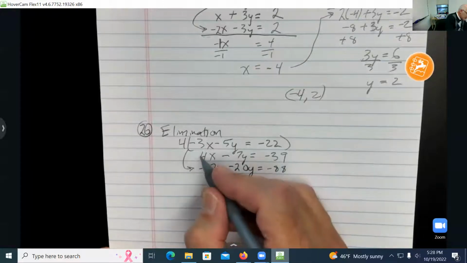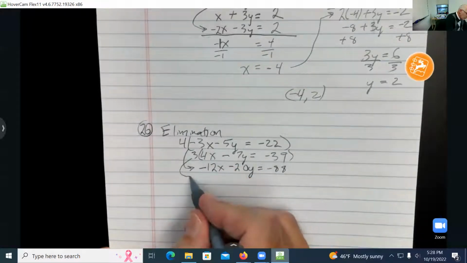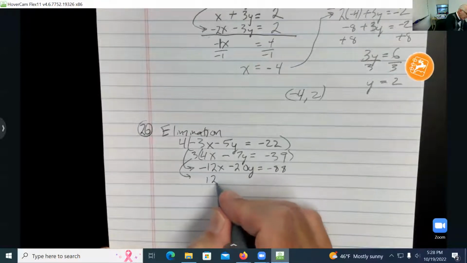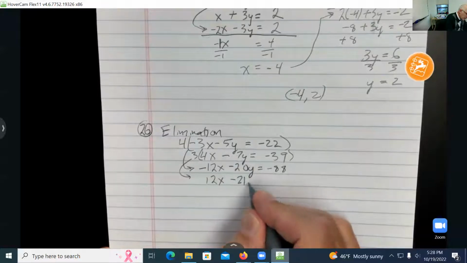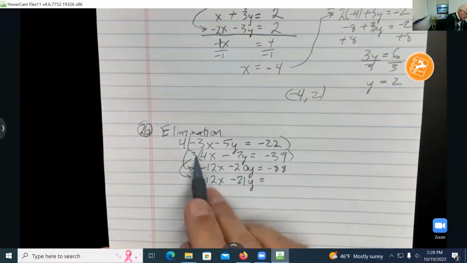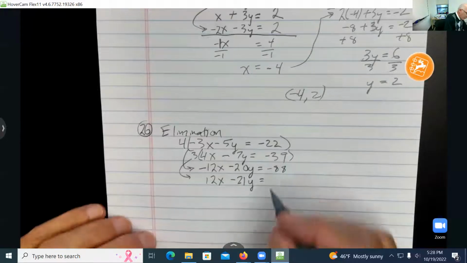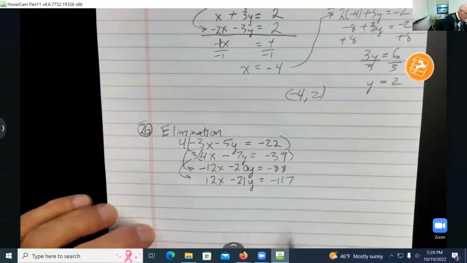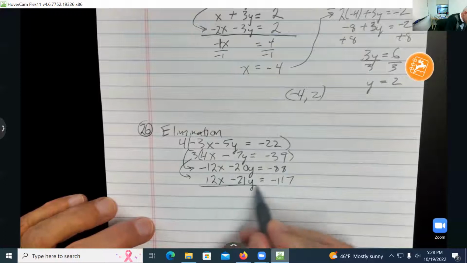Now I'm going to multiply this second equation by +3 and swing it down here. 12x, 3 times -7 is minus 21y, and 3 times -39. Okay, we might need to do that one on a calculator. It's -117. So this is going to eliminate because this is going to give me 0x.